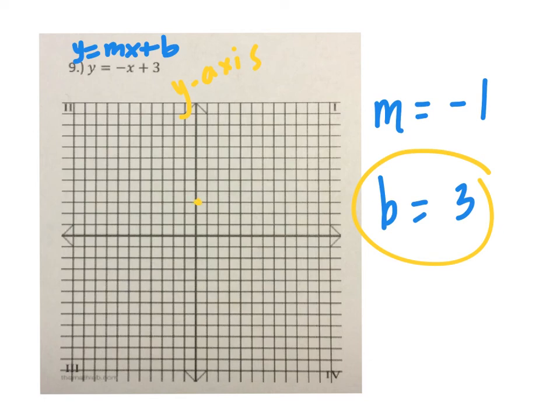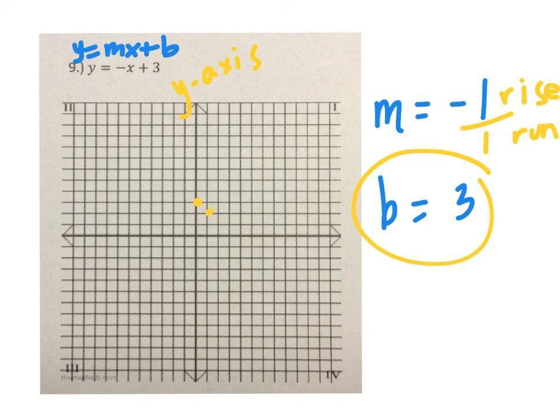So I'm going to begin here. And now I need to rise and run. I'm going to rise negative 1 and run 1. So rising negative 1 actually means drop 1, but then run forward 1. So I'll be right there.